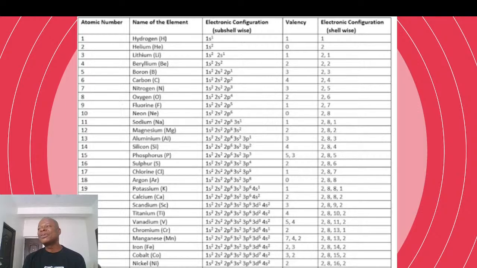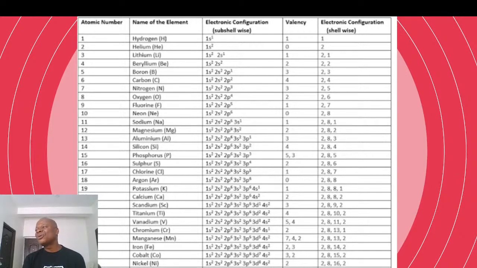If you look at the electronic configuration in the subshell of beryllium, you're going to get 1s2 and 2s2, giving you that atomic number 4. Then the valency electron for beryllium should be 2, because that 2 is the electron in the outermost shell.